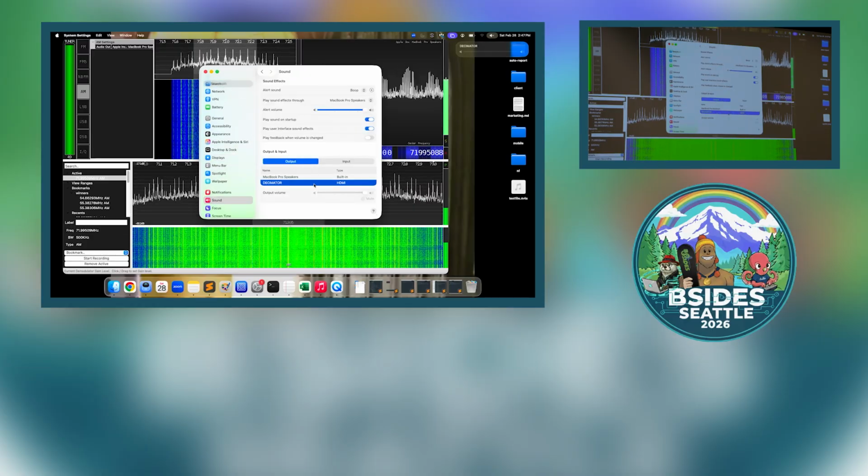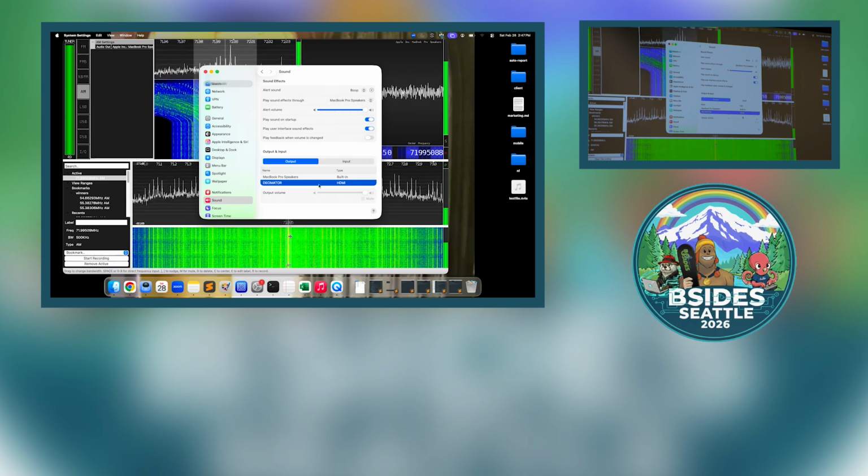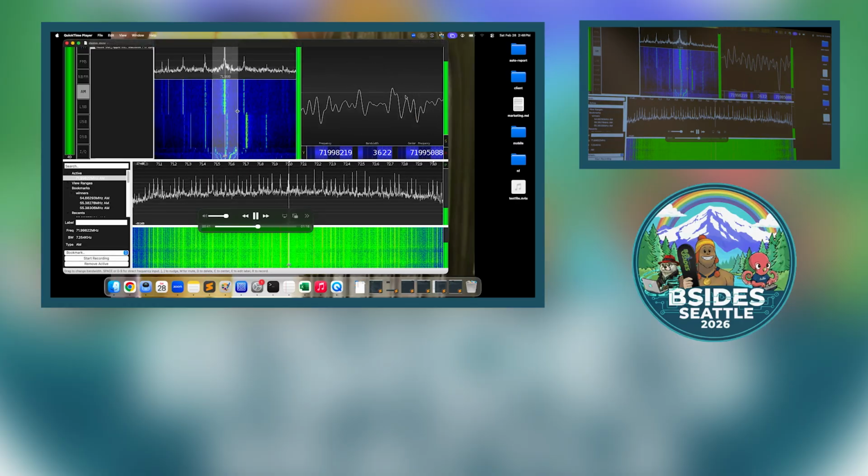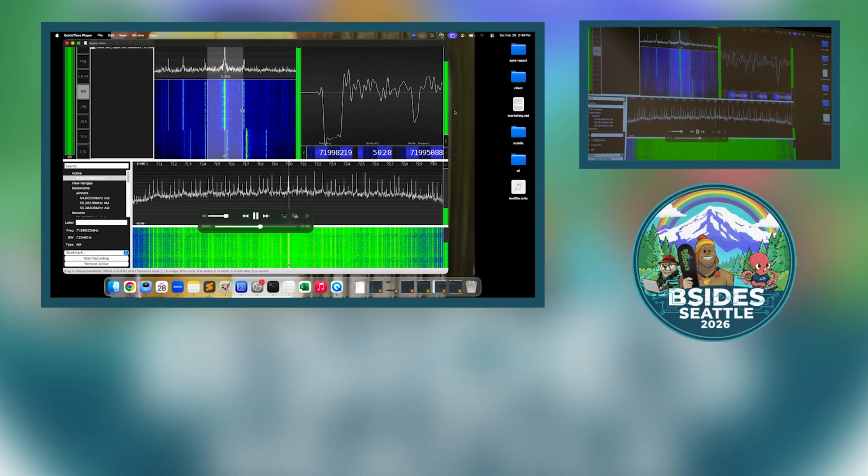That's what worked earlier. It is playing through speakers. Can you hear it? No, it plays sound effects through MacBook Pro speakers. No, this is my output. These are the system sounds. Oh, my bad. You're good. Okay. Well, that worked earlier. I'm sorry. All good.